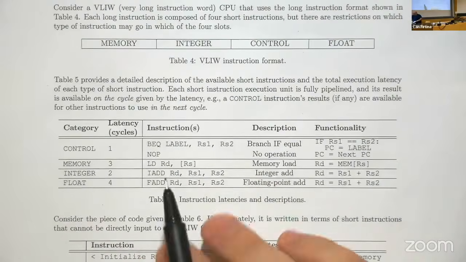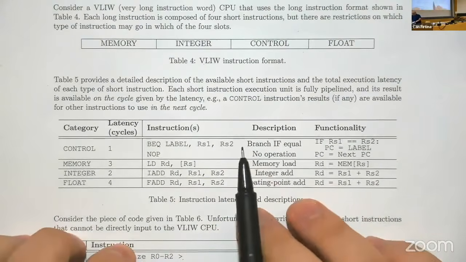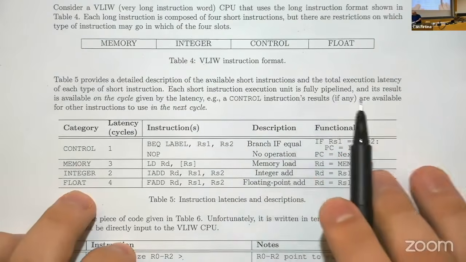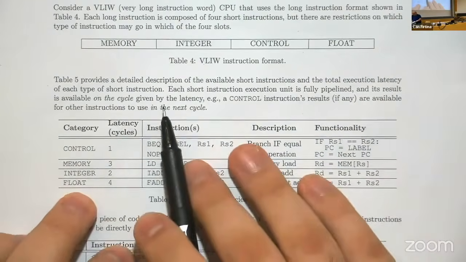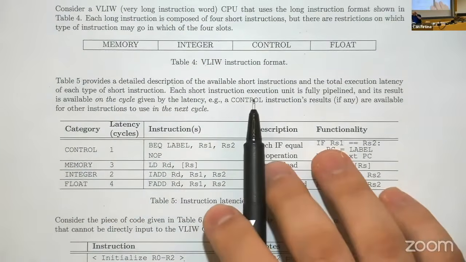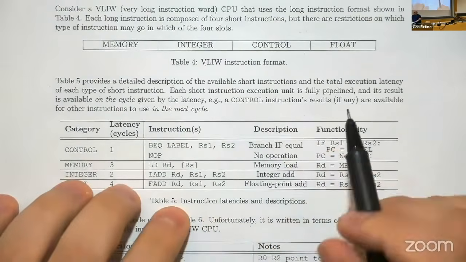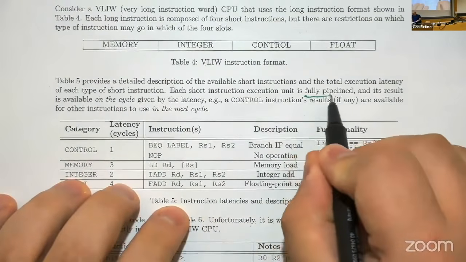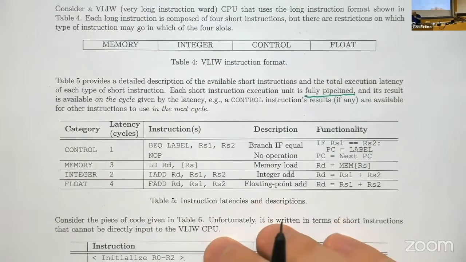Then we have table 5. Table 5 provides a detailed description of the available short instructions and the total execution latency of each of them. Each short instruction execution unit is fully pipelined. This will be important, so don't forget this detail. And its result is available on the cycle given by the latency.